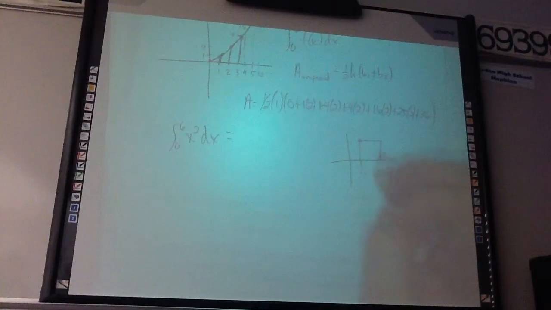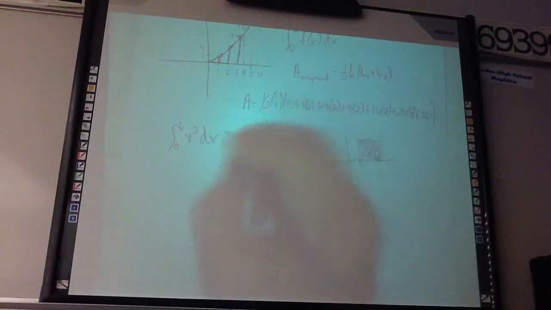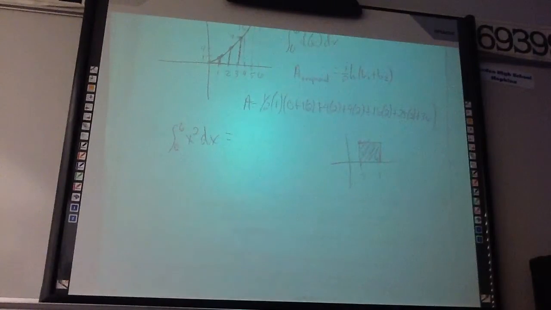Oh, 150 miles. And then we figured out the area of that was 150 miles. So the antiderivative, which is also called an integral, is pretty close to the same thing as the area underneath the curve. So you do the antiderivative and then you plug in those points.